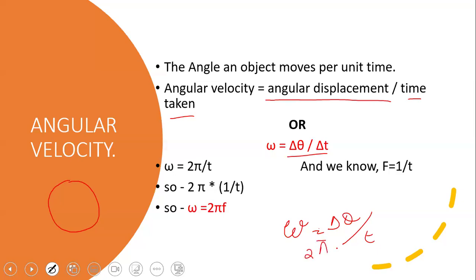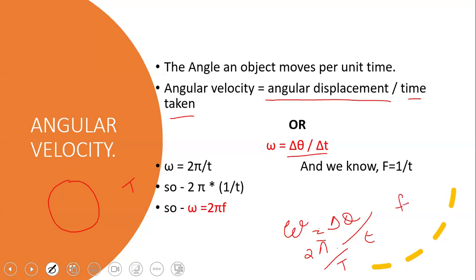Then the time taken for one complete circle is obviously the time period, right? The time taken for one complete oscillation, the time taken for one complete cycle is known as the time period. So one complete cycle has the angular displacement of 2 pi. The time taken for one complete cycle is the time period.